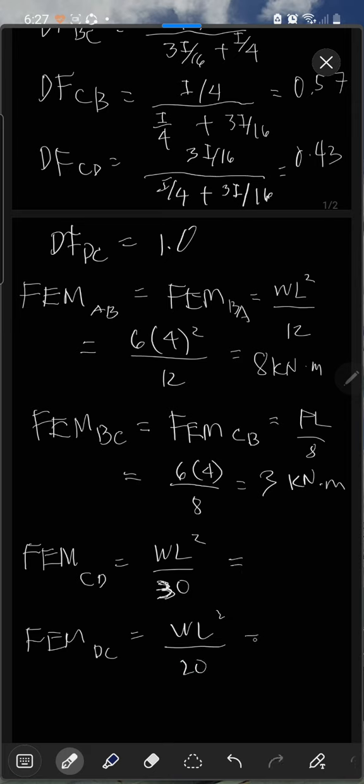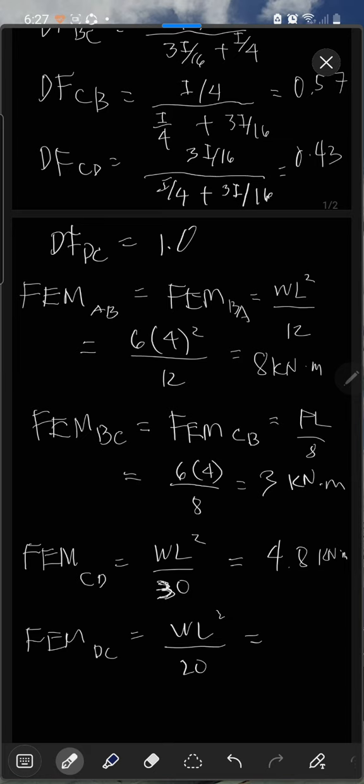So I will write it here. Let's answer directly. So w is 9 kilonewton per meter. So 9 times 4 squared over 30. So you have the value of 4.8 kilonewton meter.